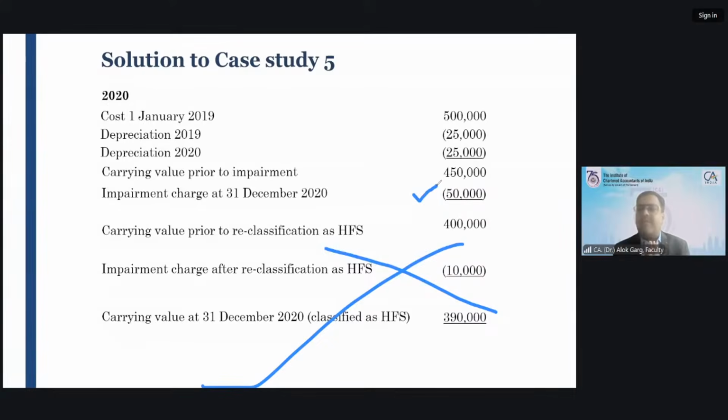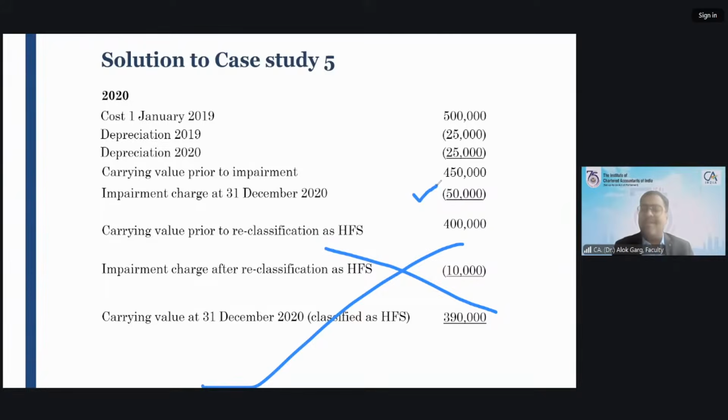So the point is, forget about Ind AS 105. When this asset was not classified as held for sale even on 31st December 2020, you were still doing the accounting as per Ind AS 16. You were taking cognizance of this impairment charge of 50,000 under Ind AS 16.